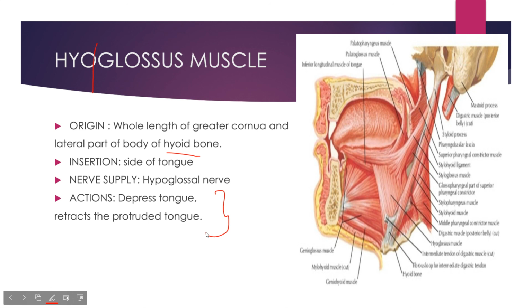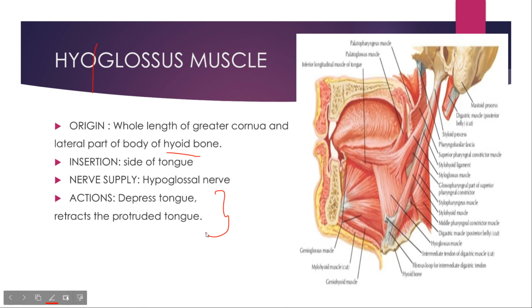Its relations: superficially, styloglossus, lingual nerve, submandibular ganglion, deep part of the submandibular gland, submandibular duct, hypoglossal nerve and veins all lie superficial to this muscle. The deep structures include the inferior longitudinal muscle, genioglossus, middle constrictor of pharynx, glossopharyngeal nerve, stylohyoid ligament and lingual artery.